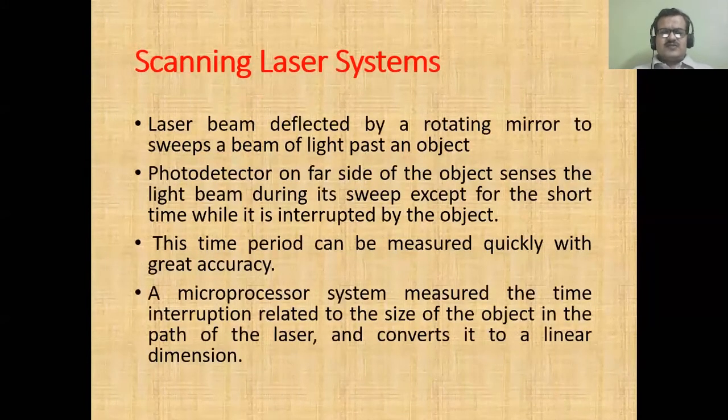So we'll discuss one of the instruments, the scanning laser system. Here you can see a laser beam deflected by a rotating mirror to sweep a beam of light past an object which is kept on the other side. We'll see that figure. A photo detector on the farther side of the object senses the light beam during its sweep, except for the short time while it is interrupted by the object.